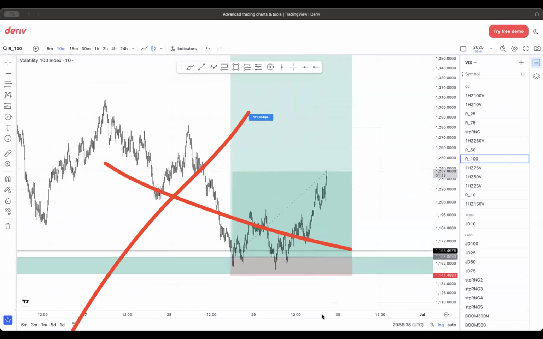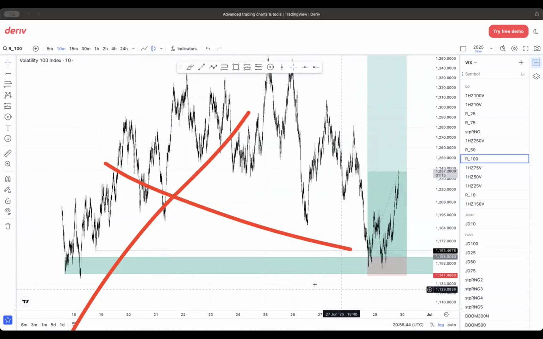So most of the times, what's this now? Who is doing this?